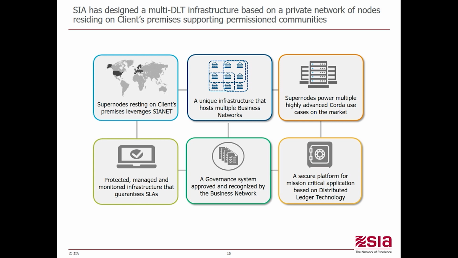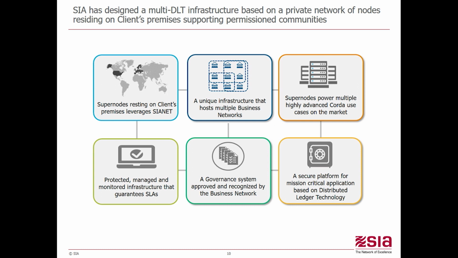Another thing that we are trying to achieve with the SIA Chain project is to have the governance of the entire network, the governance of the nodes, of the hardware, of everything. The client has the freedom to choose whether to manage the nodes on their own or through SIA.